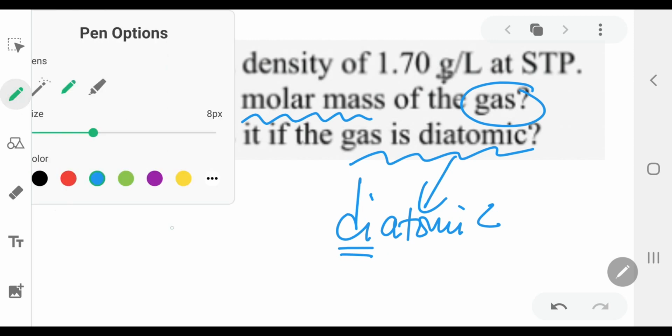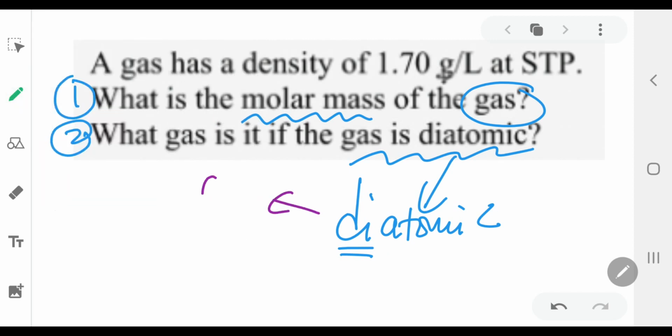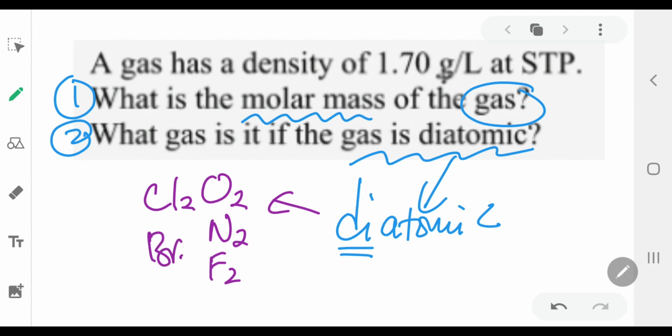Examples of diatomic gases: O2, N2, F2, Cl2, what else? You can get Br2. These are examples of very common diatomic gases. H2 as well. So you can see that all of these molecules have two atoms building up that molecule.